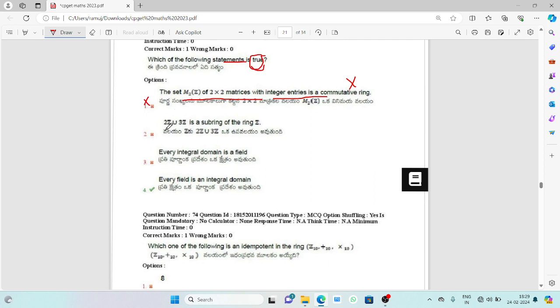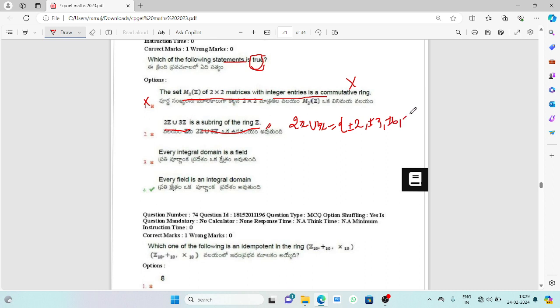And the second option is 2Z union 3Z is a subring of the ring Z. No, it may not happen, because I will tell you, if you take the union 2Z union 3Z, you will get the elements inside these subgroups, that is 2, 3 and 6.